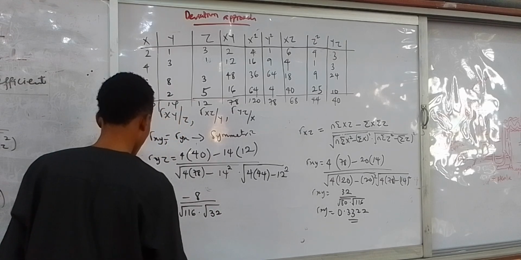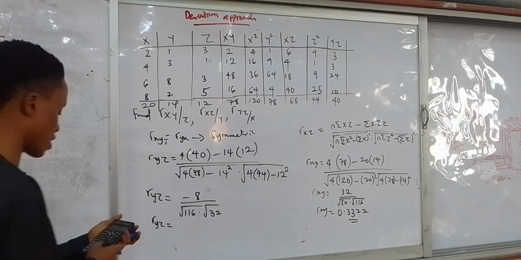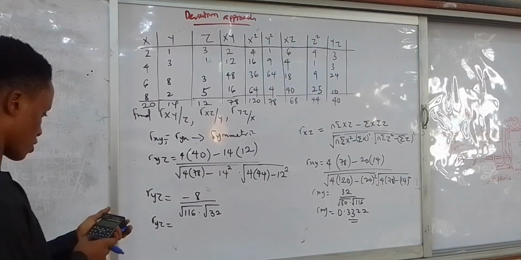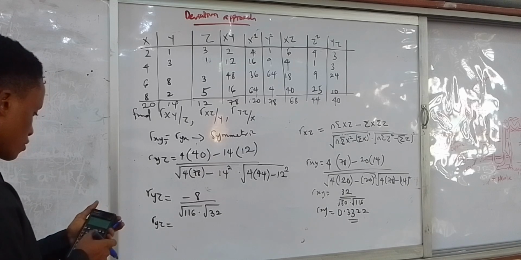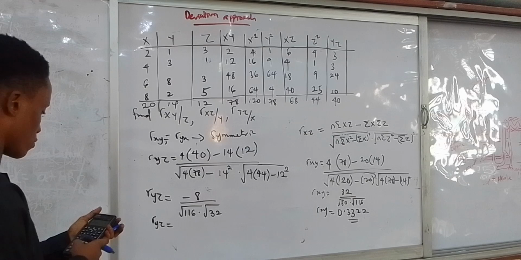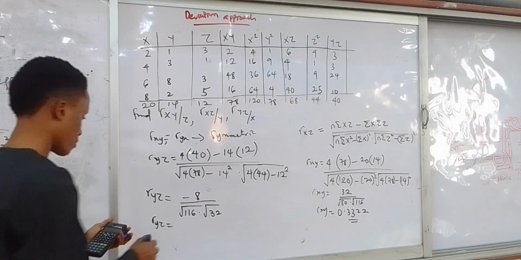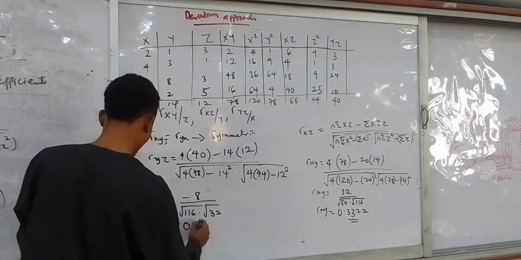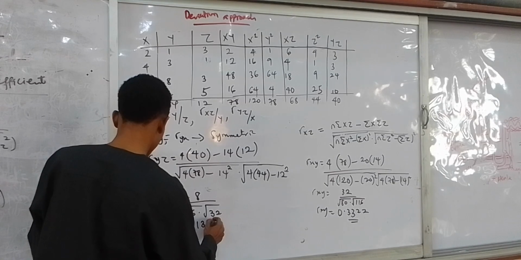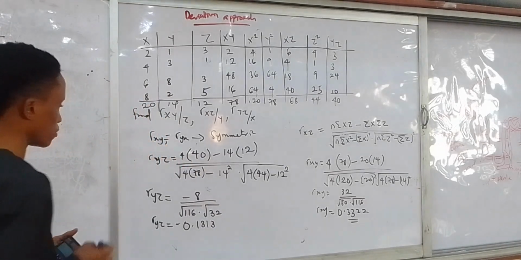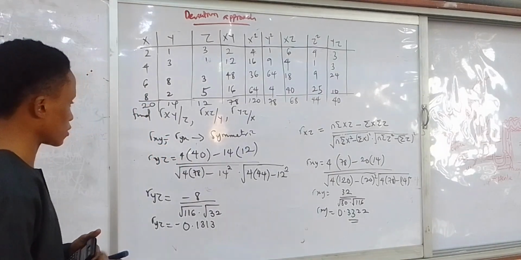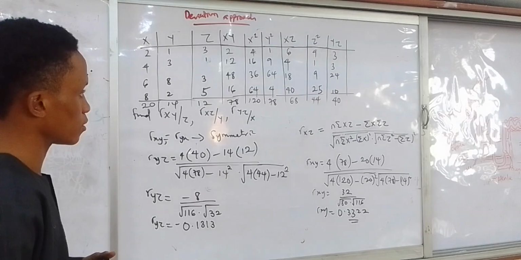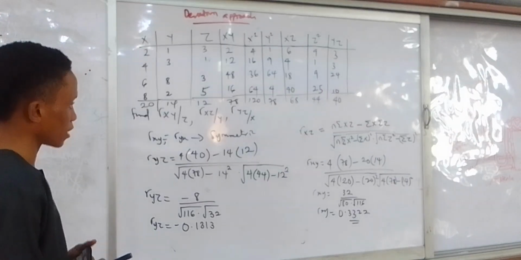So ryz will be equal to minus 8 divided by square root of 116 times 32. We have a minus 0.1313. Let's get the other one.